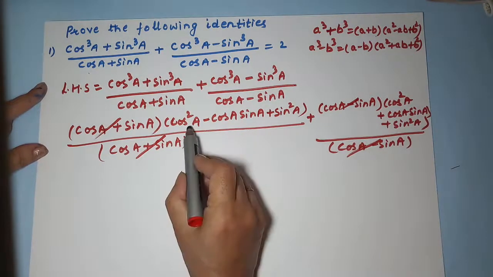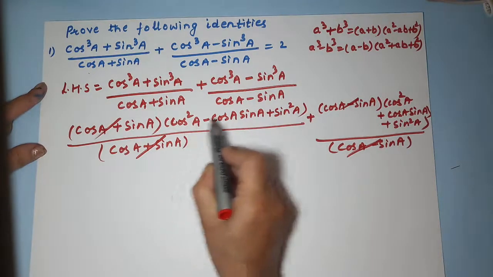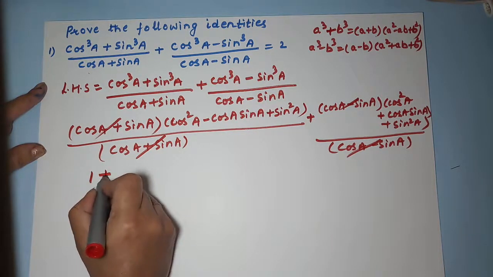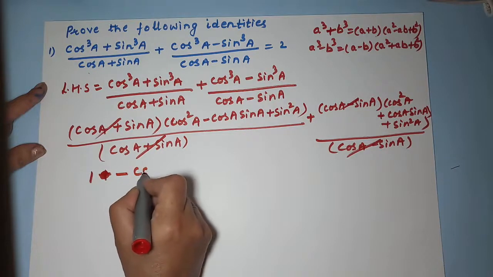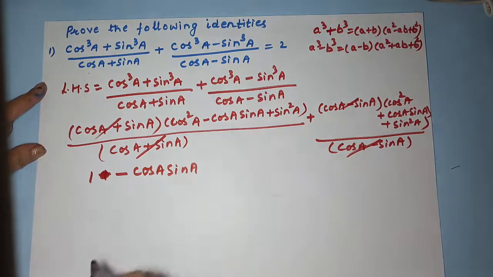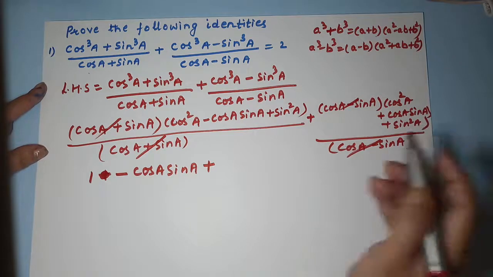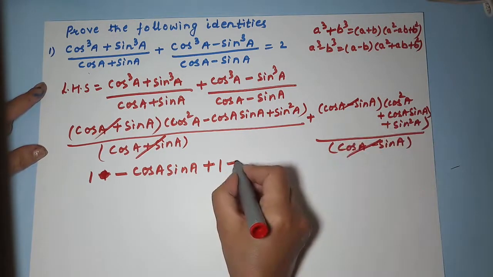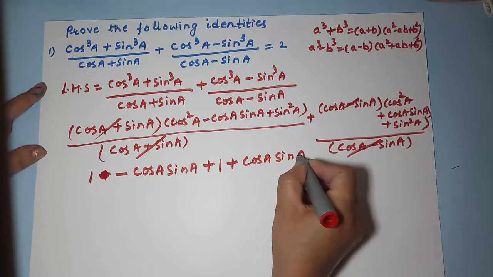I am left with cos square A minus this plus sin square A. Now cos square A plus sin square A is how much? 1, minus cos A sin A. Then here also cos square A plus sin square A is 1 and this plus cos A sin A, right?